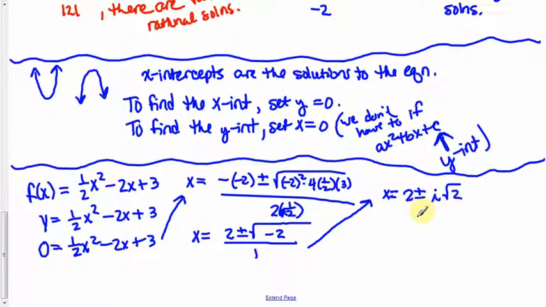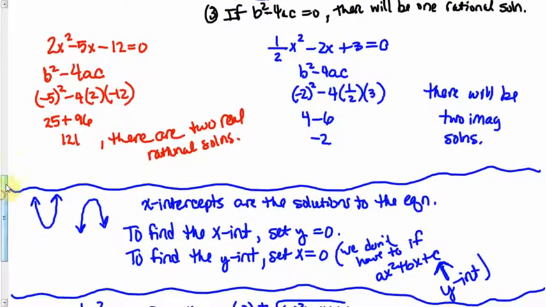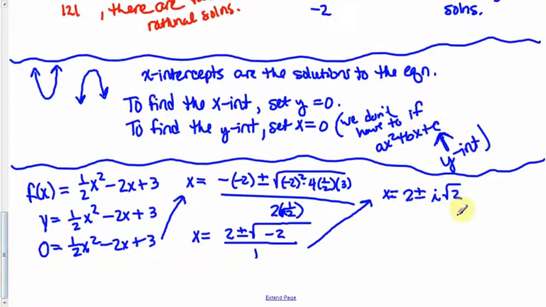Those are what types of solutions? We said right up here that those would be two imaginary solutions. Are those two imaginary solutions? Yes. Okay. So does this have any x-intercepts? No, because it's imaginary.